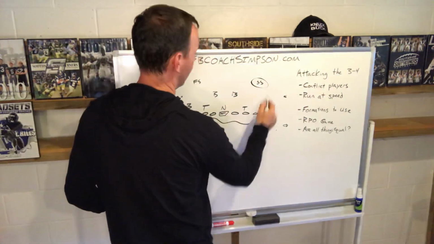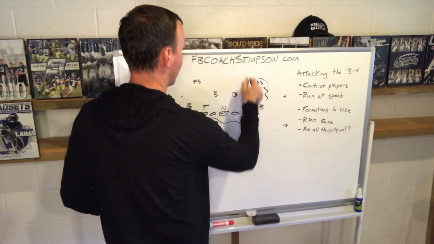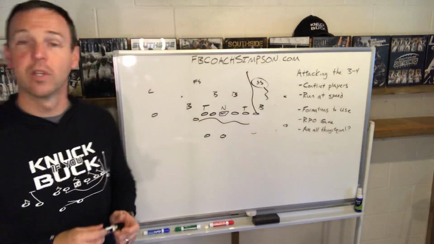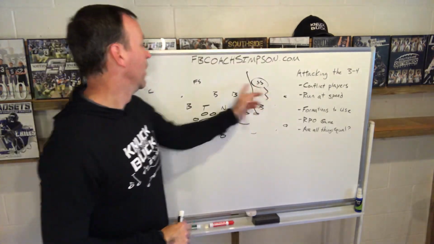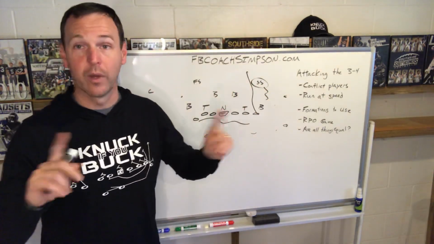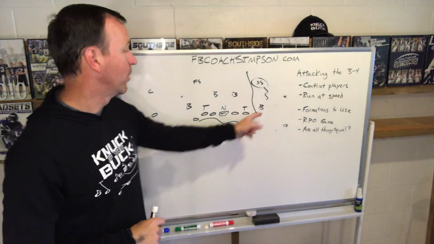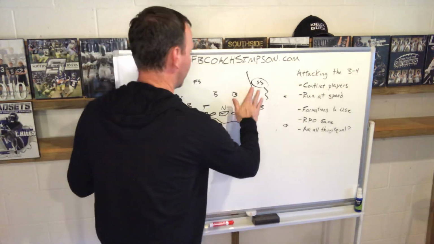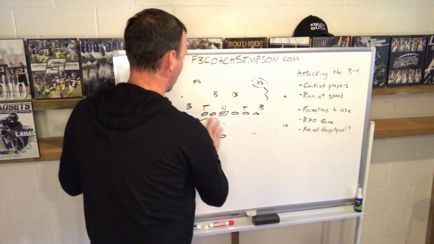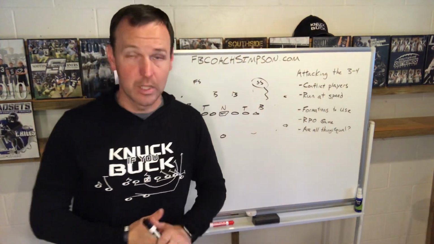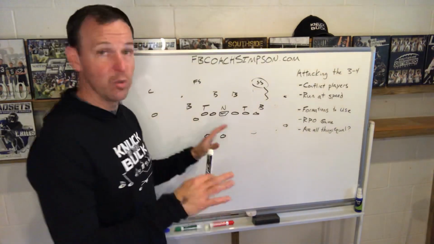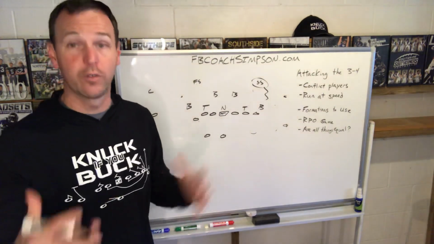We're going to come here, get him to bite, and try to throw something over his head. So there are different ways we can attack players, but we're going to try to figure out these two guys, which one's better at what. We're going to do the same thing with your outside backers. We're going to figure out which outside backer wants to get a piece of the run action, which one not so much. And then we're going to either balance you up, or we're going to trade strengths.